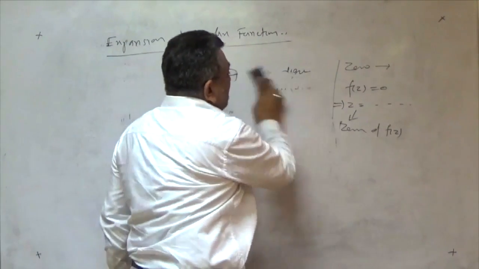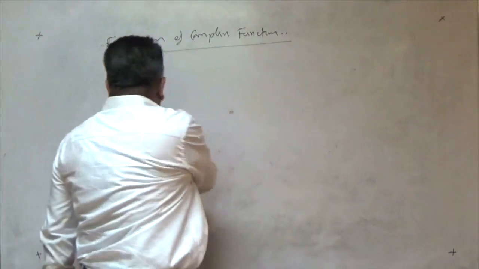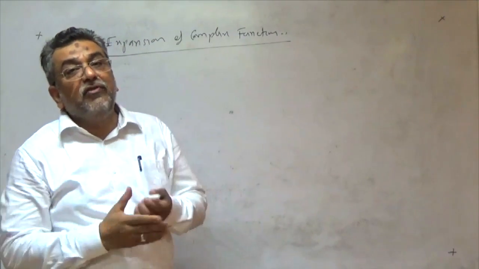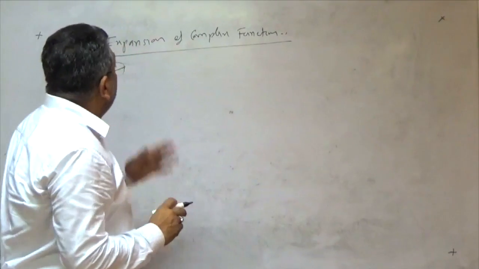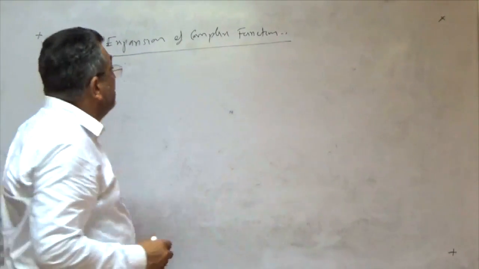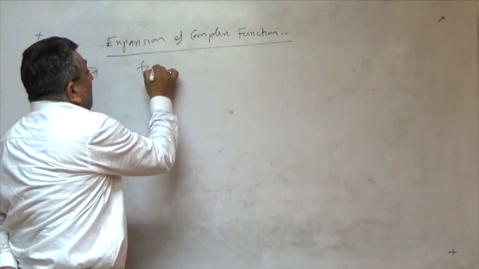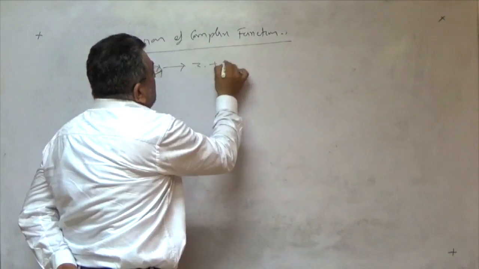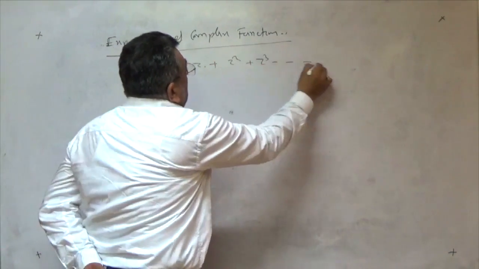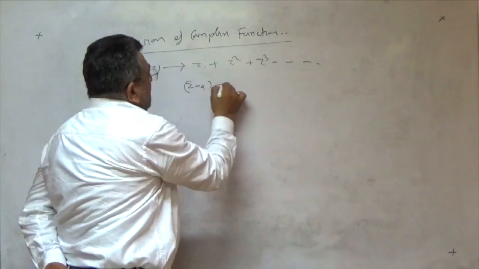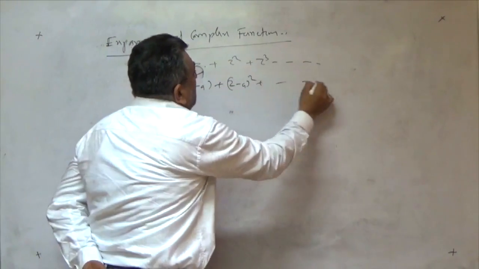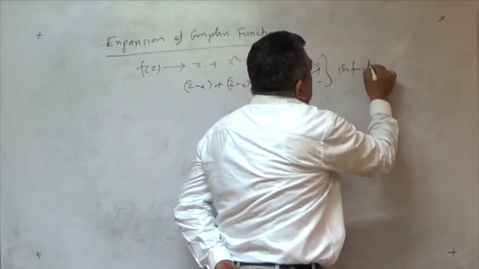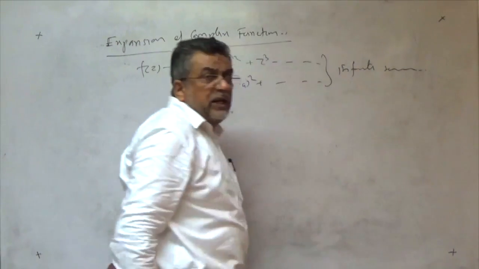Means in this topic we discuss the expansion of given complex functions in the form of infinite series. If we have f(z), then this will be expanded in the form of a series: z plus z square plus z cube and so on, or you can say (z minus a) square and so on. Such type of infinite expansion, these are infinite series, you know that, right?